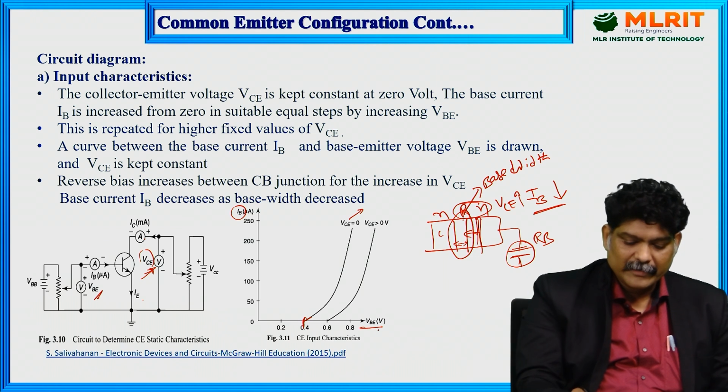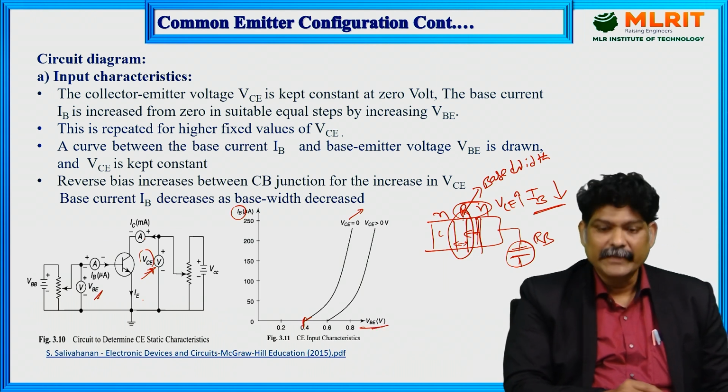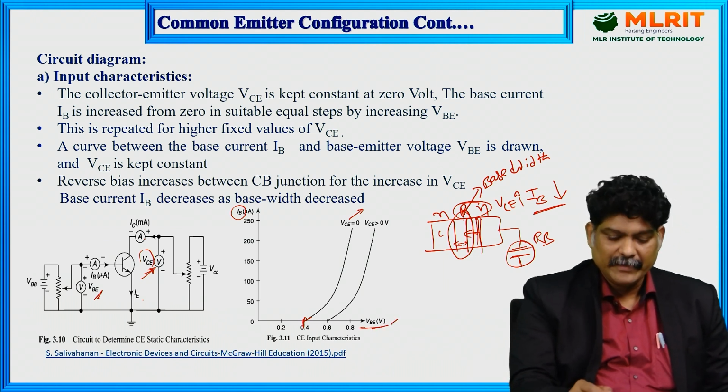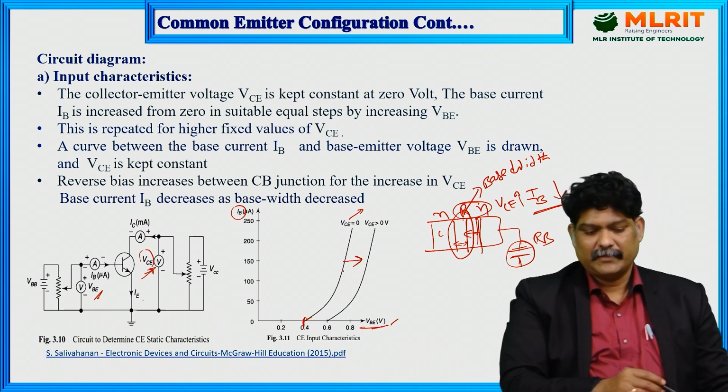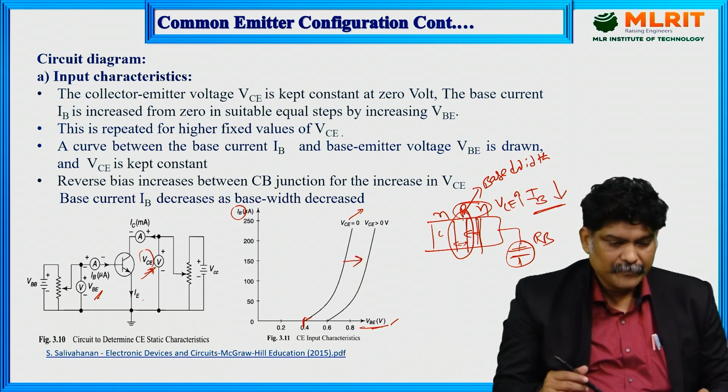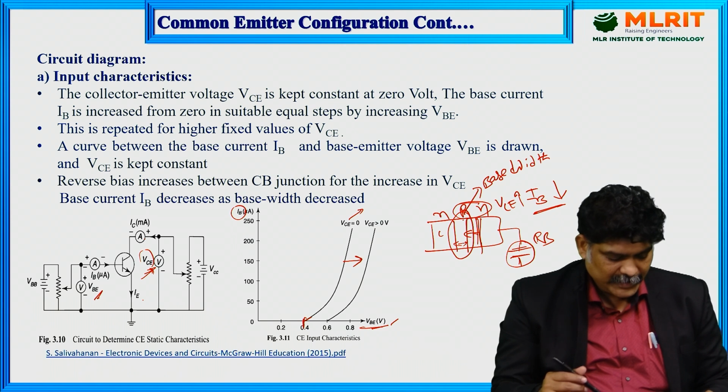So we require to increase the input voltage VBE, hence the curve shifts towards the right like this. So this is about the input characteristics of CE configuration.